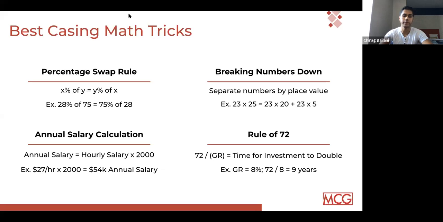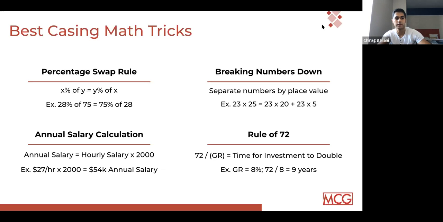The next one would be calculating annual salary. This is not as commonly used as the other 2, but it's still a really handy trick to have. To calculate your annual salary, you could just take the hourly salary and multiply it by 2,000. The reason this works is that if we assume 52 weeks in a year, and somebody works approximately 50 weeks, given 2 weeks maybe vacation, and we have 40-hour work weeks, we have 50 times 40, which is 2,000.